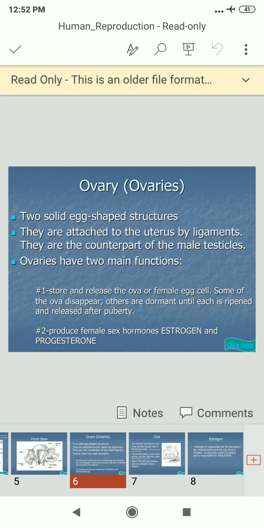First, store and release the ova or female egg cells, and some of the ova disappear, others are dormant until each is ripened and released after puberty. And the second function is that it produces the female sex hormones estrogen and progesterone.